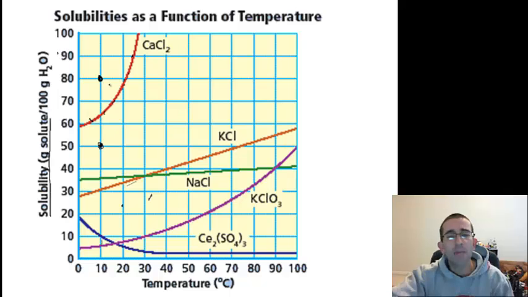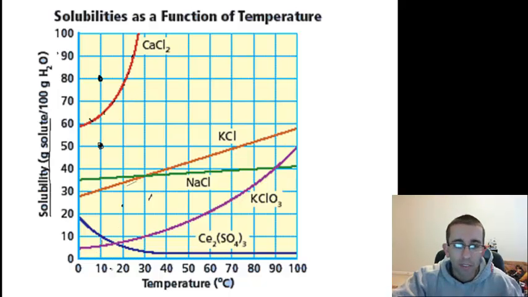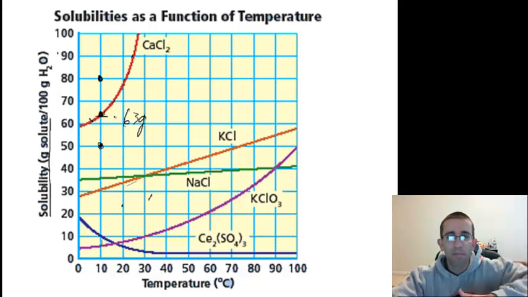Now, I keep emphasizing it's got to be completely dissolved. If you remember in the sample I gave earlier for a saturated solution, let's say we just poured in 80 grams of calcium chloride at 10 degrees Celsius. What will happen is about 63 grams will dissolve, but then the rest of it will just sink to the bottom.